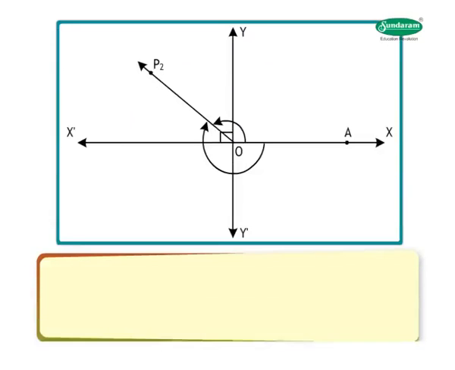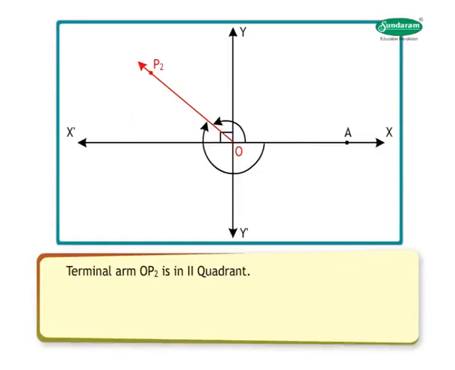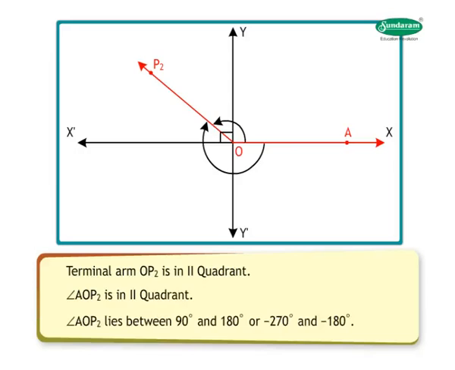In this figure, the terminal arm OP2 is in second quadrant. We say that angle AOP2 is in second quadrant. Here, the angle AOP2 lies between 90 degrees and 180 degrees or minus 270 degrees and minus 180 degrees.